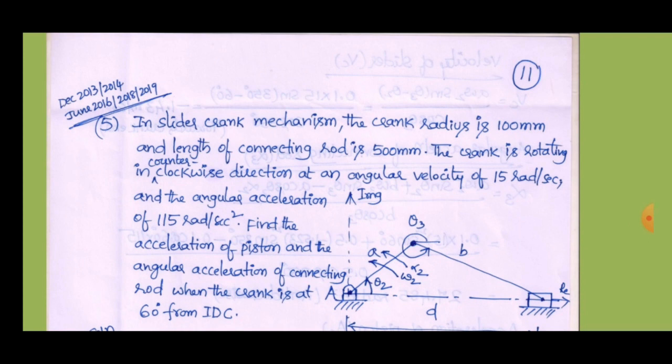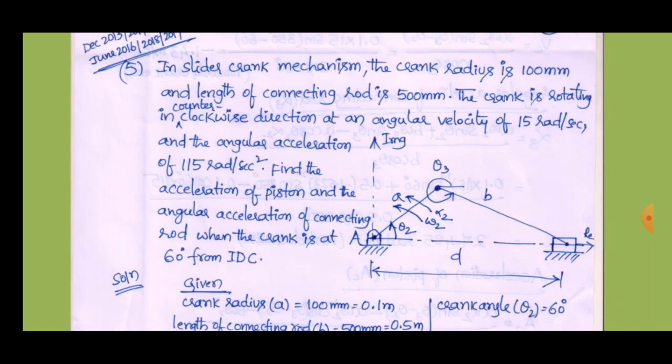So now in slider crank mechanism, the crank radius is 100 mm, and length of connecting rod is 500 mm. The crank is rotating in counterclockwise direction at an angular velocity of 15 radians per second and the angular acceleration of 115 radians per second square.